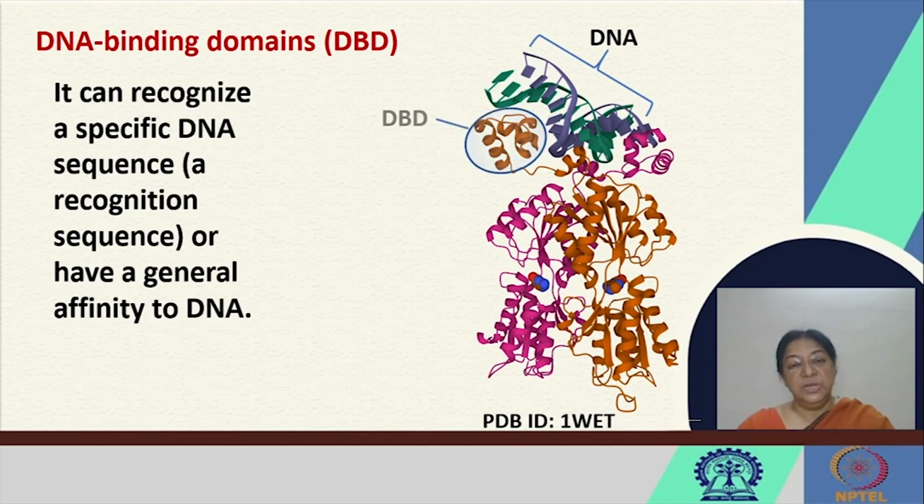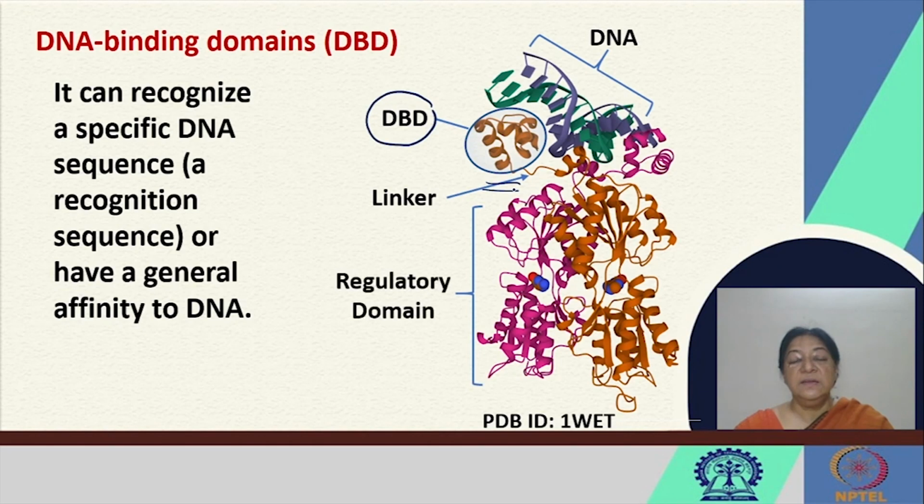In this region, there is a DNA binding domain marked by this circle that has a specific structural characteristic and a specific chemical characteristic in terms of the amino acid residues present in this region. There is a linker and here is a regulatory domain in this specific example.